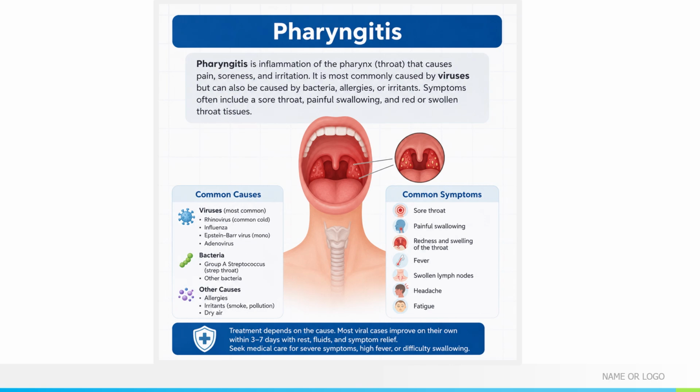For diagnostics, diagnosis begins with a thorough history and physical exam, and during the assessment we're going to evaluate the onset and duration of symptoms, any presence of fever, difficulty swallowing, any exposure to individuals with strep throat, associated viral symptoms such as cough or nasal congestion. Our physical exam includes inspection of the pharynx for erythema, tonsils for enlargement or exudate, and cervical lymph nodes for tenderness and swelling.